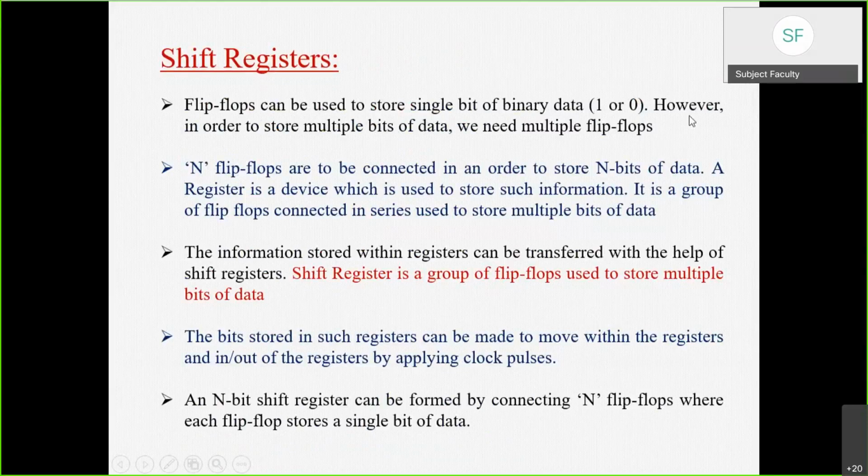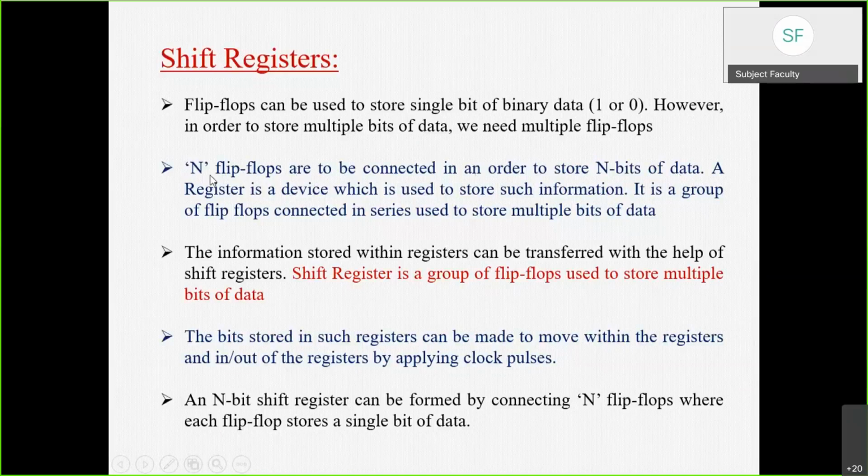However, in order to store multiple bits of data, we need multiple flip-flops. So one flip-flop can store 1 bit of data, but in order to store multiple bits of data, you will require multiple flip-flops. We have discussed that n flip-flops are to be connected in order to store n bits of data.